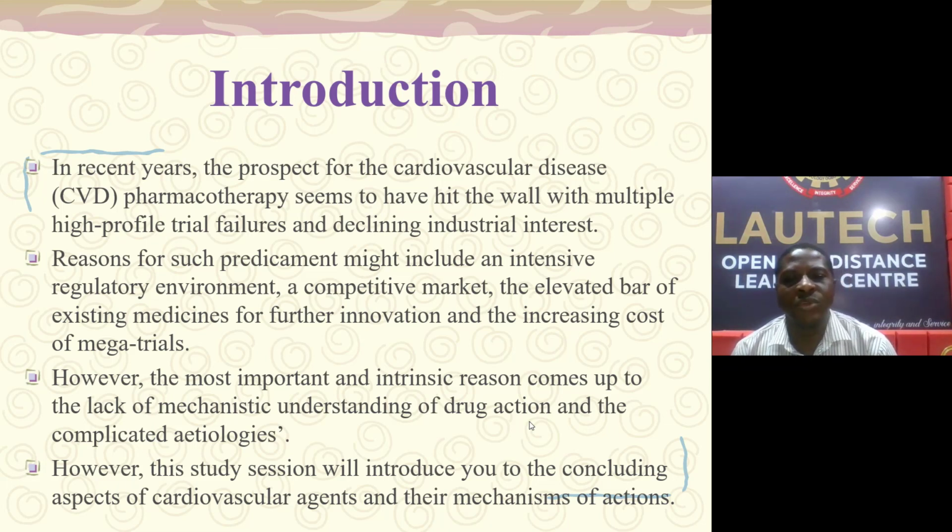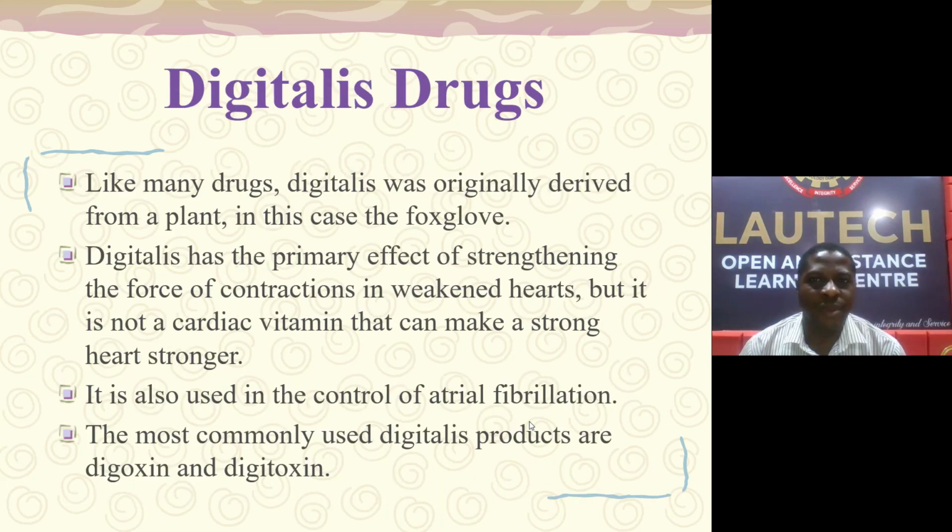However, the most important and intrinsic reason is the lack of mechanistic understanding of drug action and the complicated etiologies. This study section will introduce you to the concluding aspect of cardiovascular agents and their mechanism of action. So the first group of drugs that we'll be looking at is digitalis drugs.